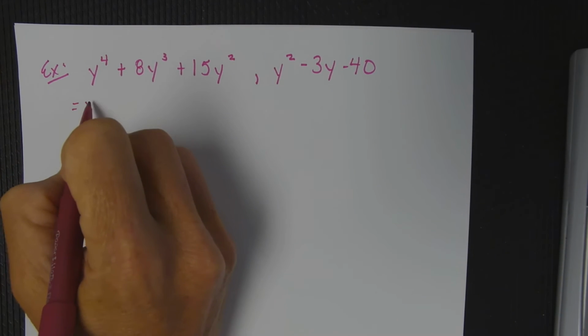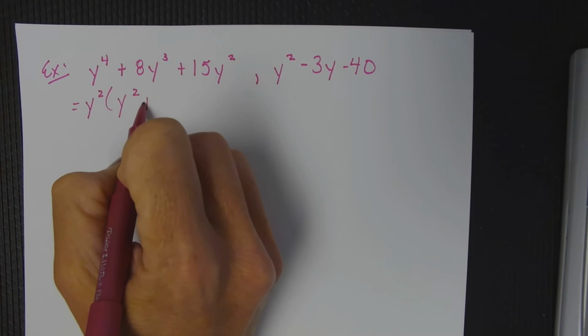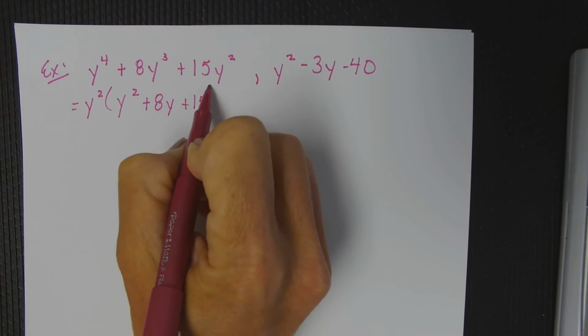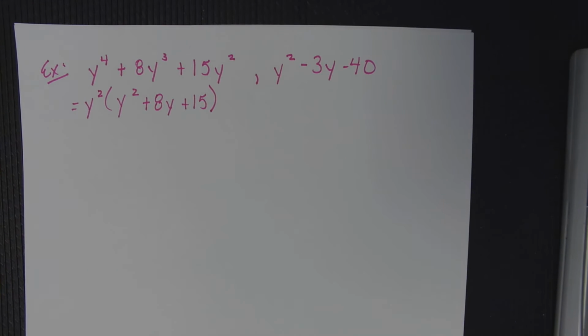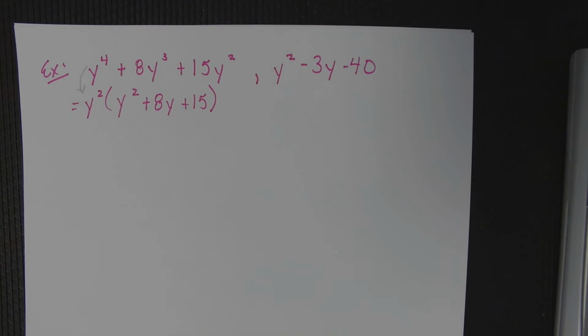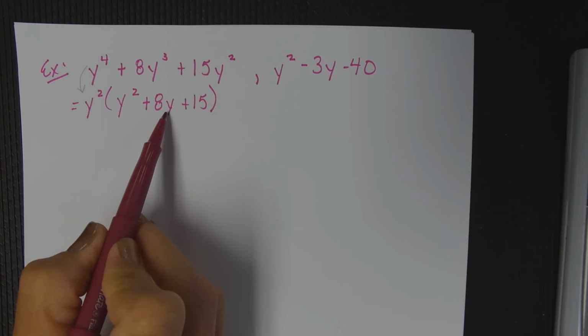First thing I want you to do is take out a y squared. It may seem harder at first. I took out 2, you still have 1 left.